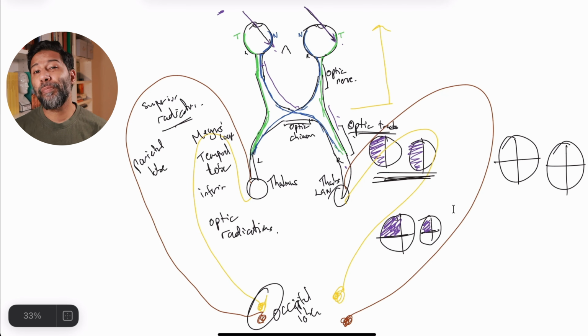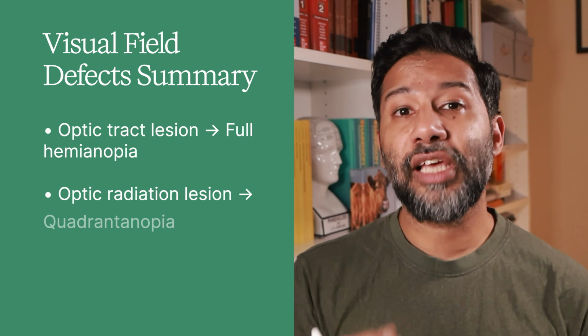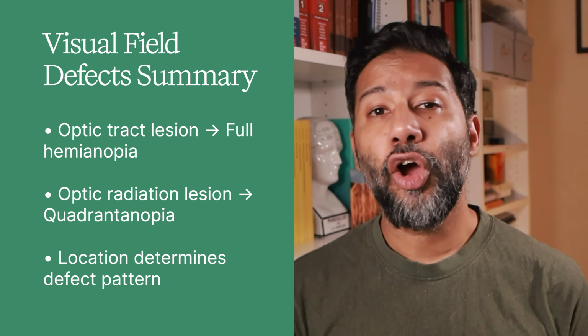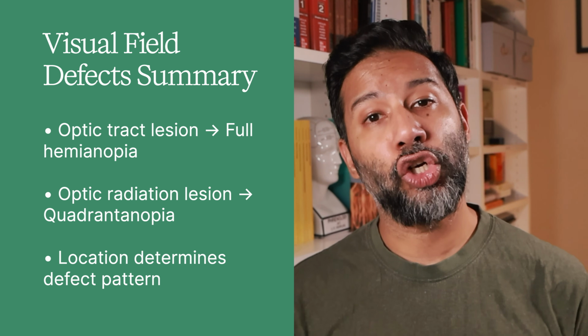This is sometimes called pie in the sky because that is exactly what is lost: the upper quarter of the visual field, same side, both eyes. If you damage the parietal radiation instead, you lose the superior fibers and hence the lower visual fields, so you get a lower homonymous quadrantanopia. To summarize, tract lesion gives you a full hemianopia. Radiation lesions give you quadrantanopia.